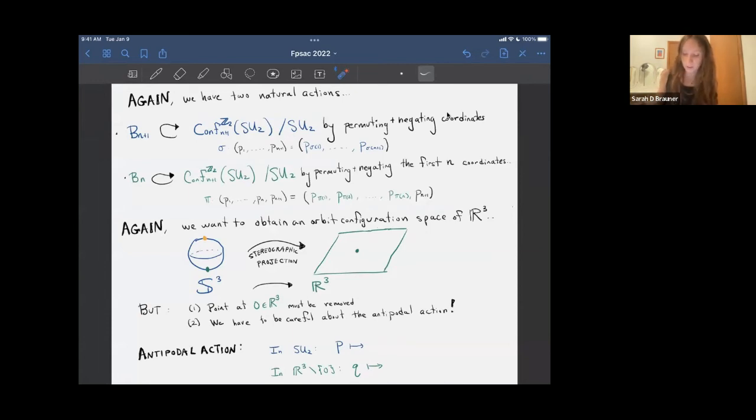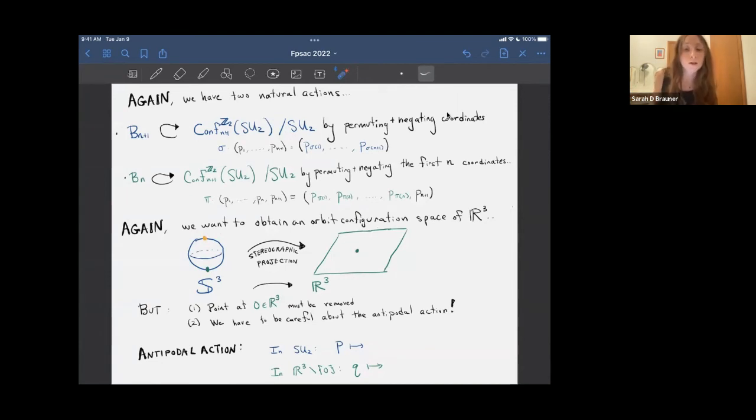I have to be a little bit careful here. In type A, I was saying remove the North Pole, which is fine when you stereographically project. Here, I was saying I can't pick the North Pole or the South Pole, so under stereographic projection I can't have 0 in my set of allowable points. That's not a big deal.